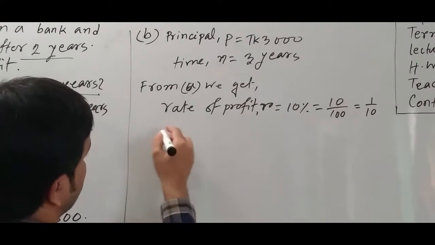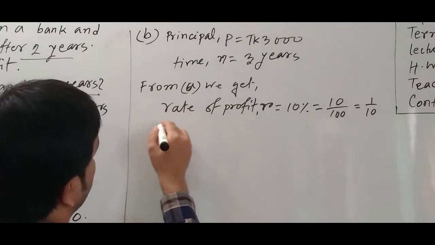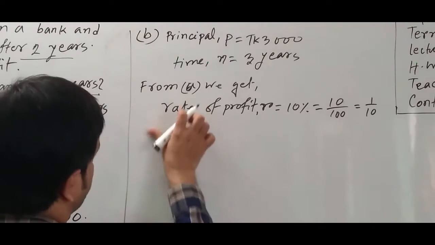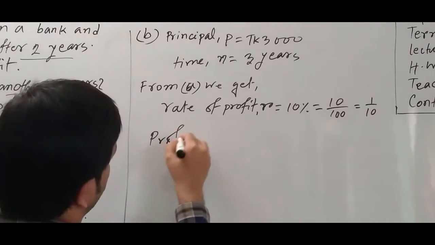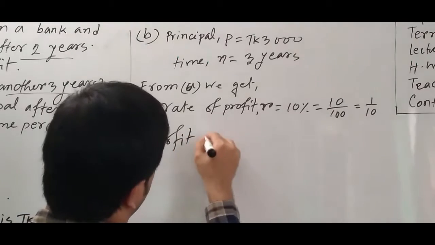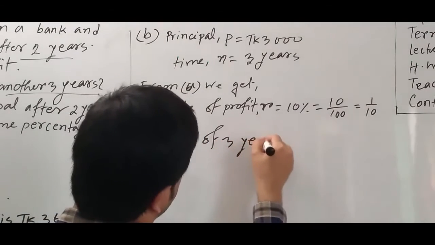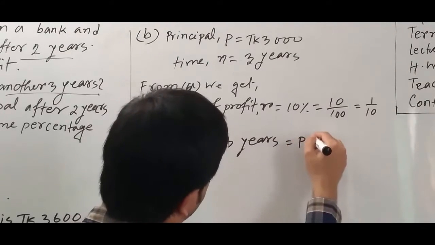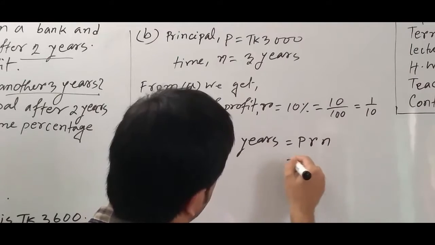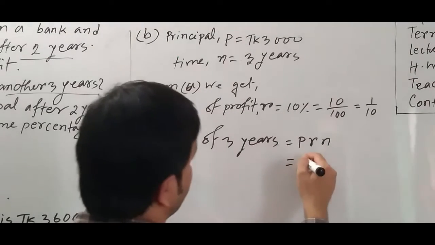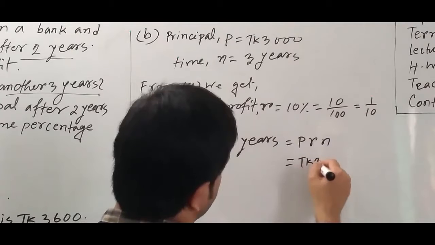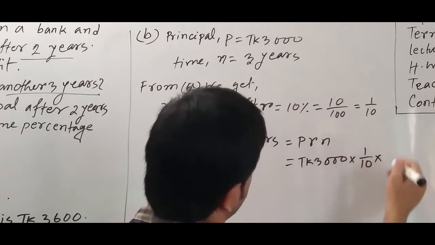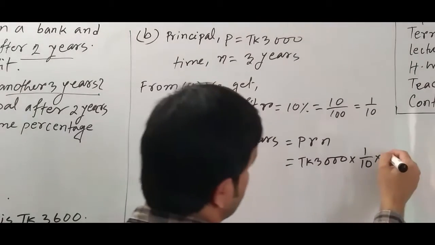So we can write here, let, or we can write profit of 3 years, P equal PRN. Now put the value of P. P means taka 3000, R means 1 by 10, n means 3.